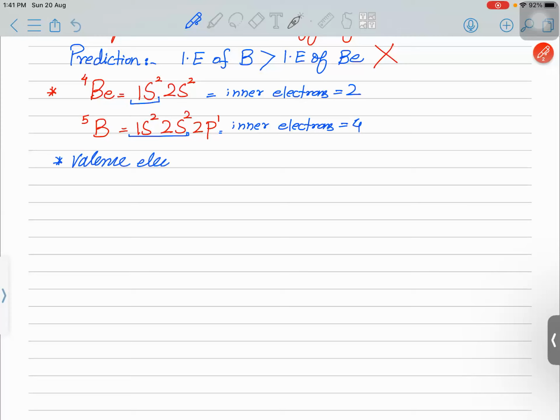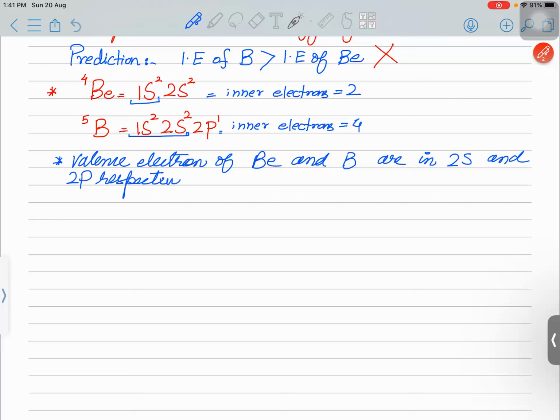So beryllium has its valence electrons in 2s, and boron has in 2p.